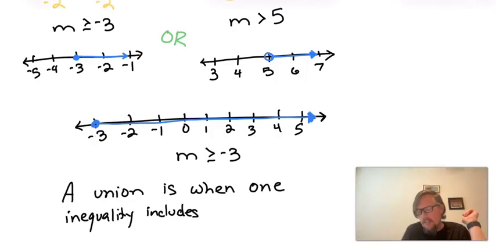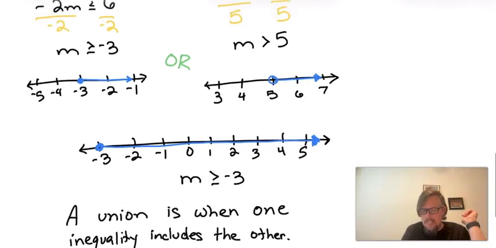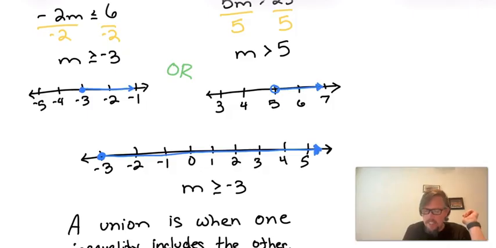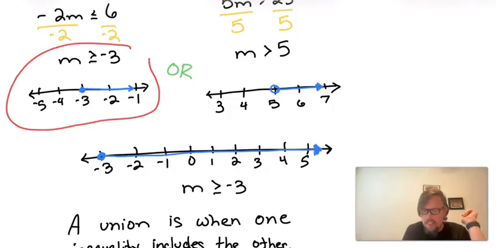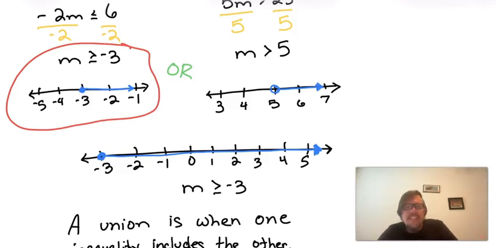So the answer here, if I really wanted to be super lazy, is just this. That right there includes the other half, m greater than 5. So m is greater than or equal to negative 3 with that graph is good enough for my answer. It's a union because that inequality also includes the other inequality, which is what a union is.